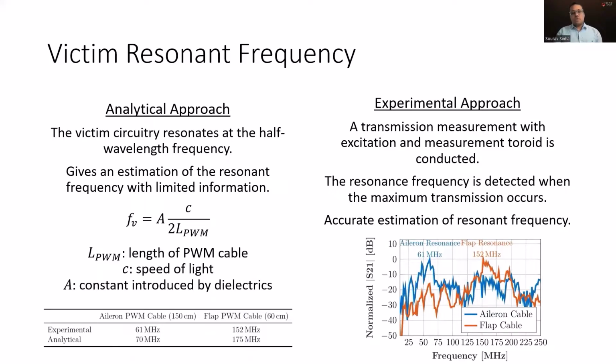We also compute the resonant frequency experimentally, where a transmission measurement is conducted with an excitation and measurement toroid, and the resonance frequency is detected when there is a maximum transmission, which occurs at 61 megahertz for aileron and 152 megahertz for flap.